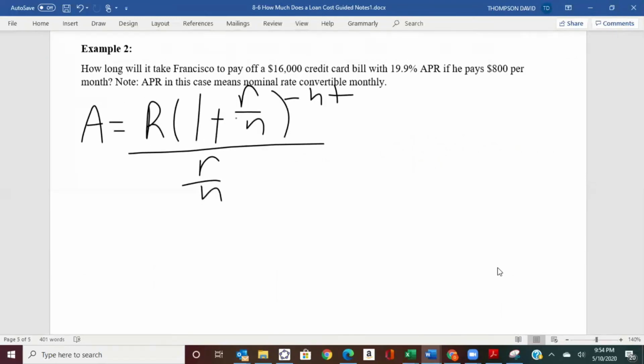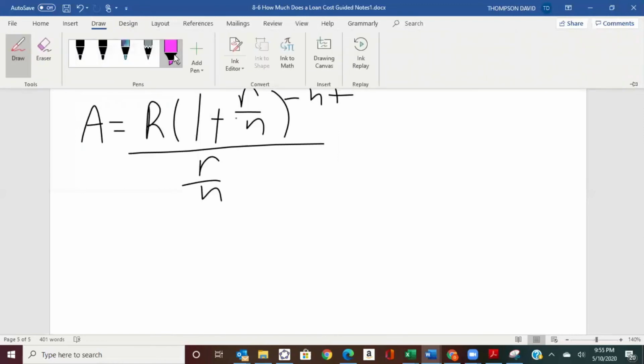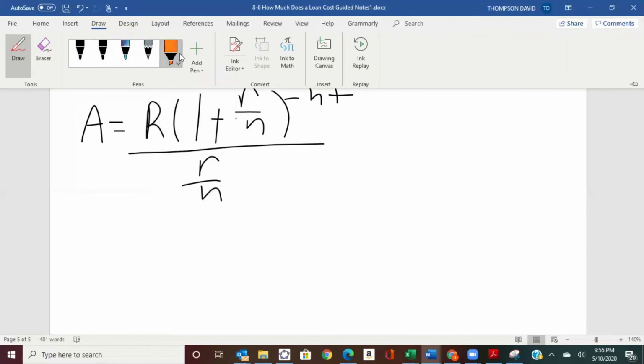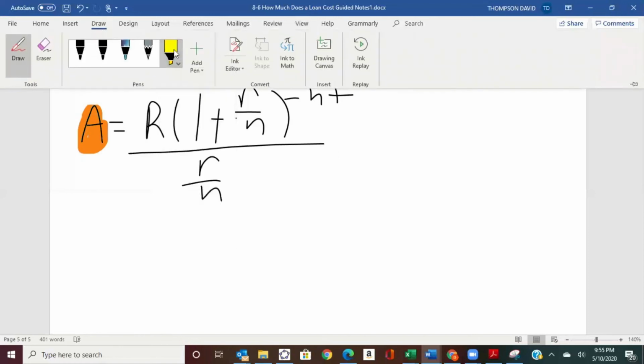So this time we're given how much the credit card bill is and how much we're paying per month, but we don't know how many years or months it's going to take to pay this thing off. So what we're going to do is highlight the A in orange. We'll highlight the monthly payment in yellow.